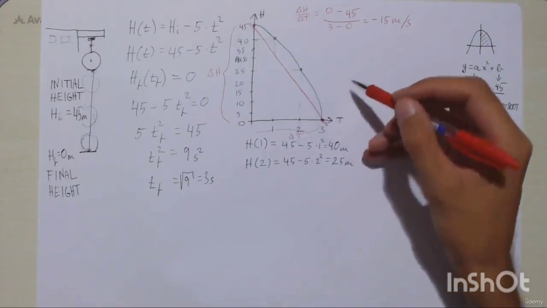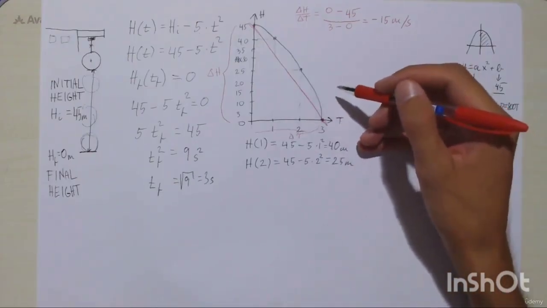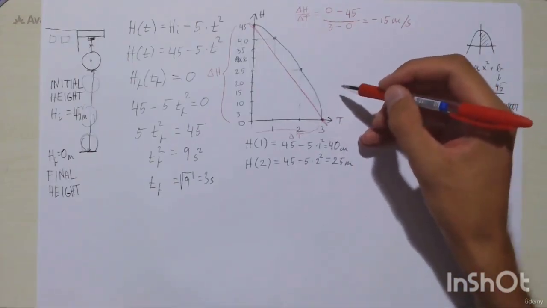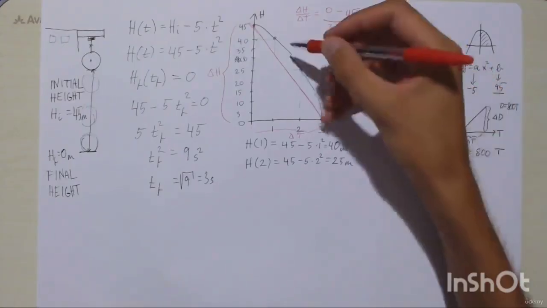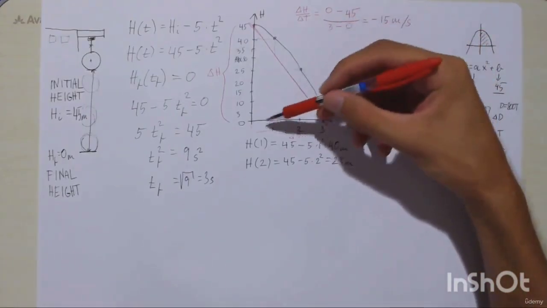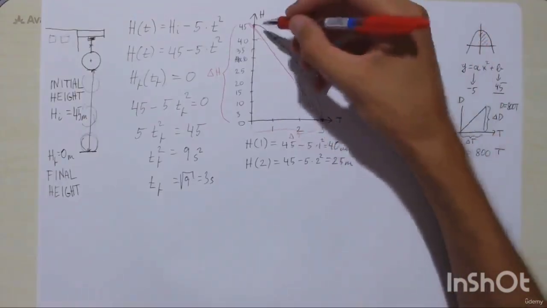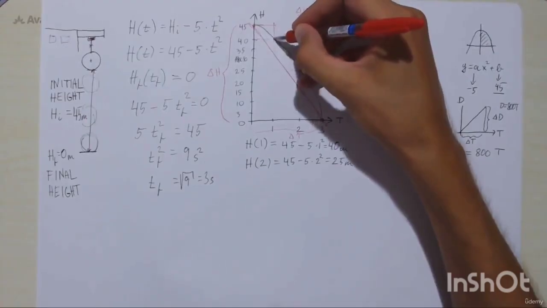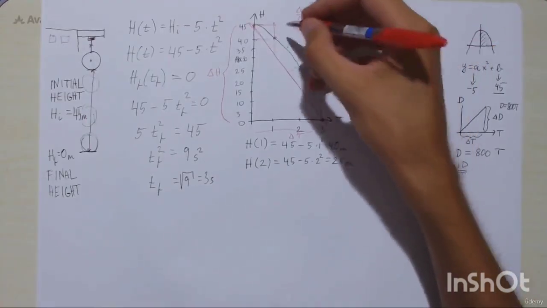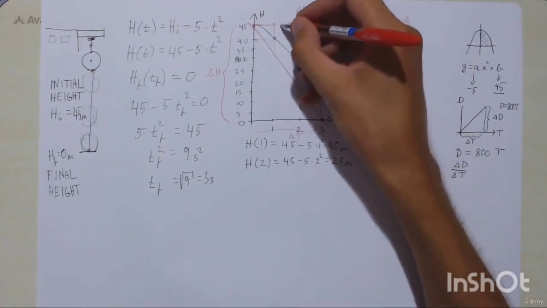However, you can have as many average changes as you want, because you can take any interval you want. Let me give you an example. I could take the interval from 0 to 1. So I would have something like this. Then my delta h over delta t would be what?